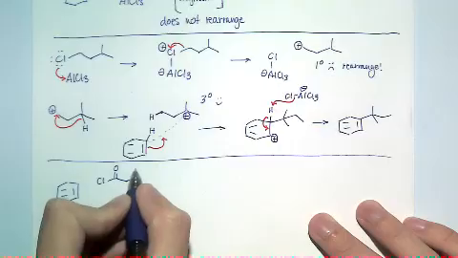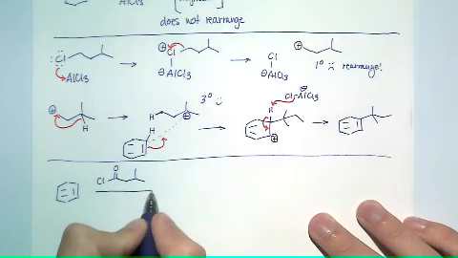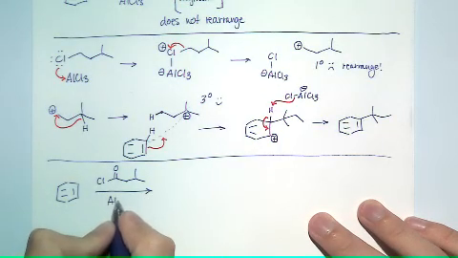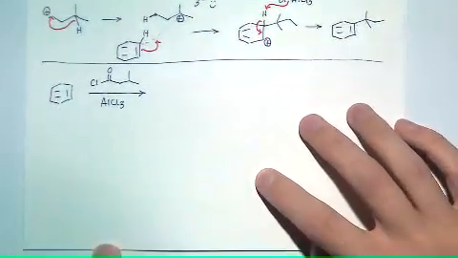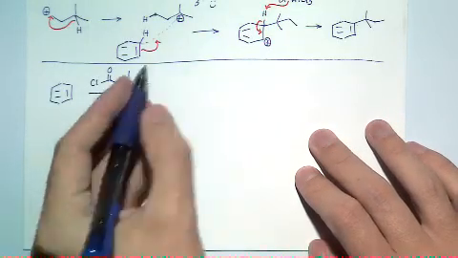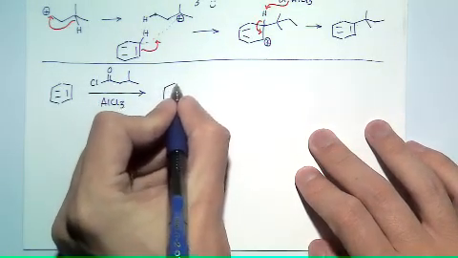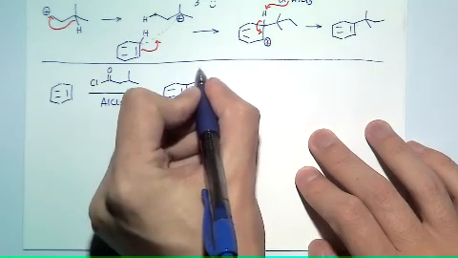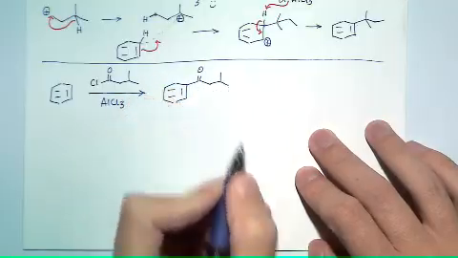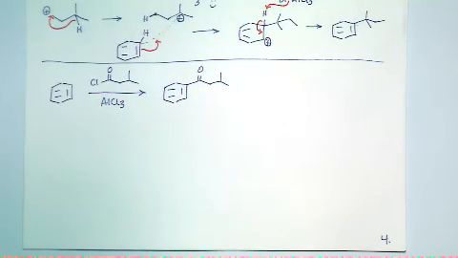So that's going to be that molecule. And so because we're doing an acylation, we don't have to worry about carbocation rearrangement. So we get that. Now, of course, the main problem is that we've got this carbonyl and we want to get rid of the carbonyl.